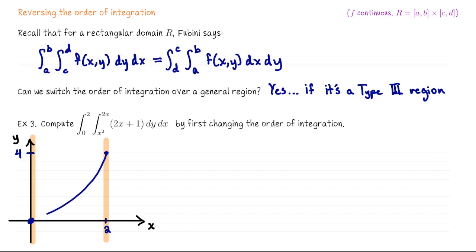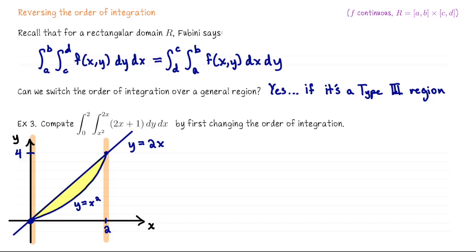So the parabola looks like this. And then y equals 2x also passes through the origin. And when x equals 2, y is 2 times 2, so y is also 4. So we have the same endpoints. y equals 2x looks like this. So our domain of integration is this little sliver enclosed between this parabola and the straight line.